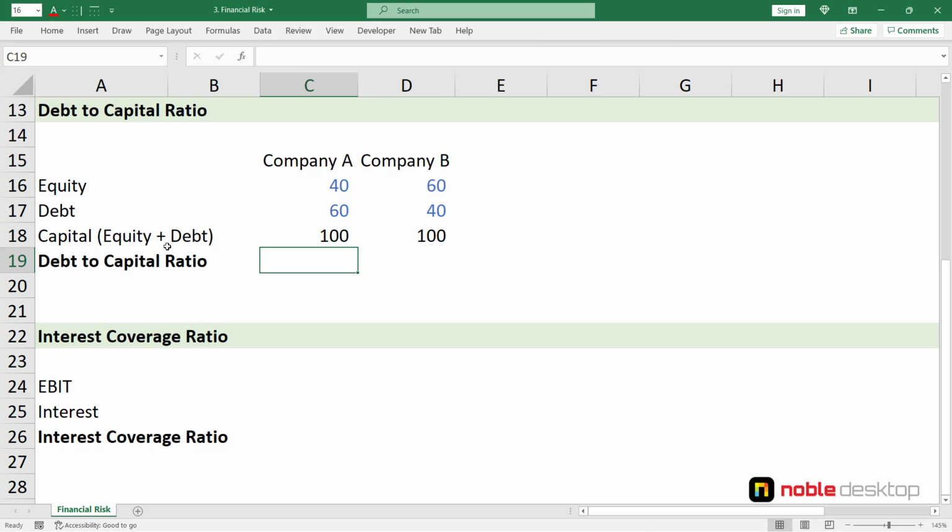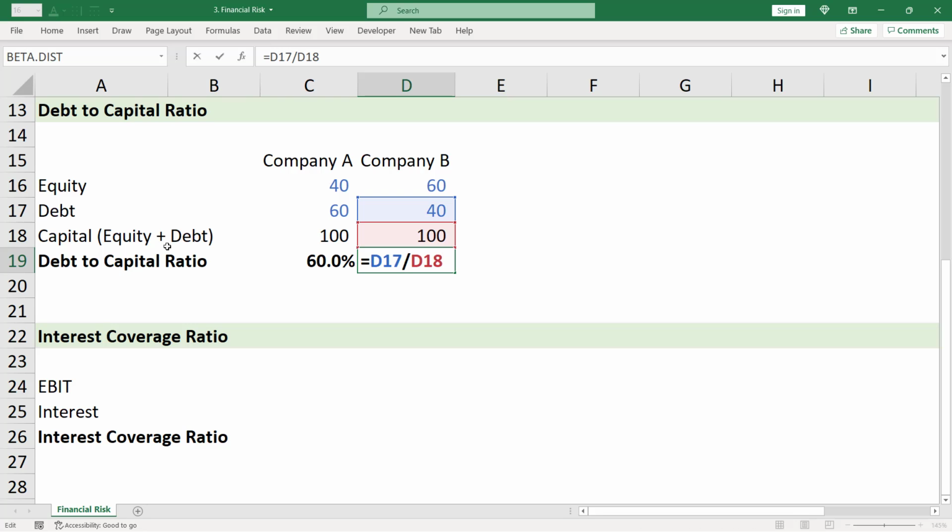So for both companies, capital would be 100, but the debt to capital ratio would be different. For company A, debt divided by capital, the debt to capital ratio would be 60%, and for company B, debt divided by capital would be 40%.